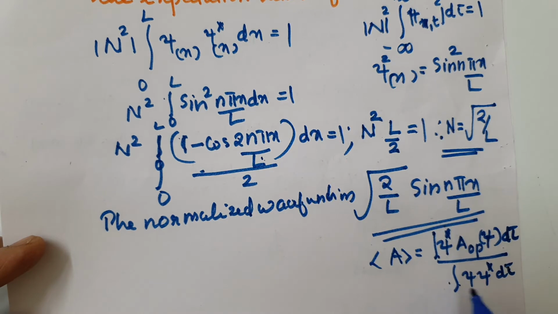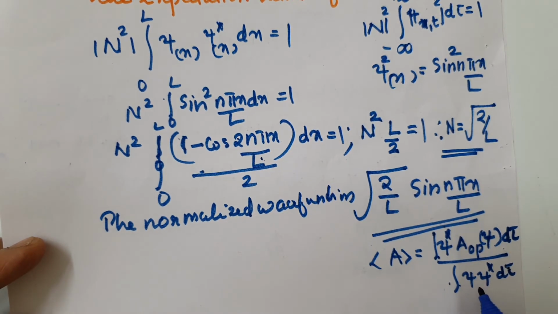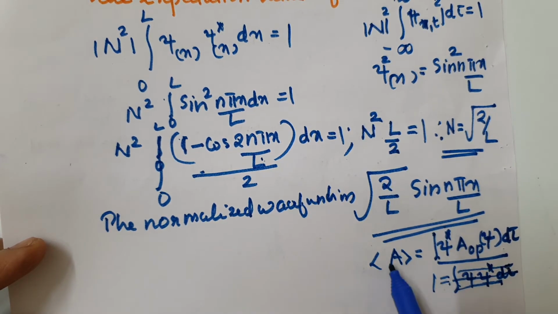But for a normalized wave function the denominator will be 1.